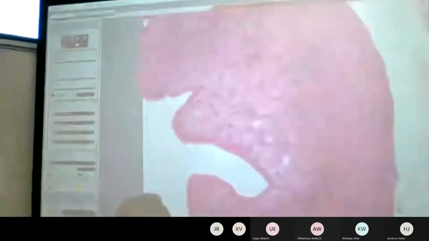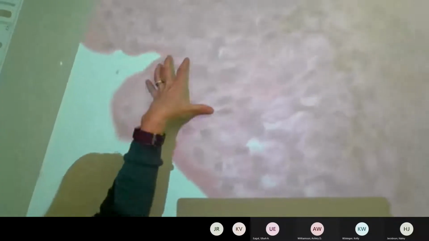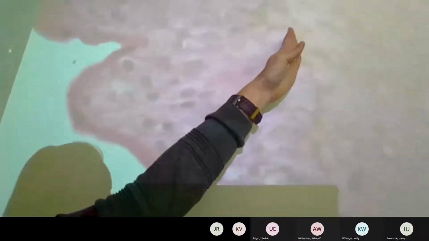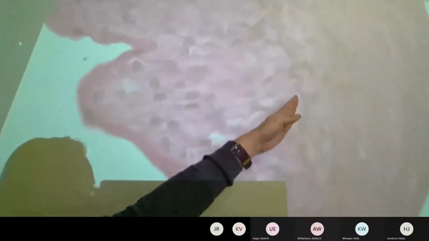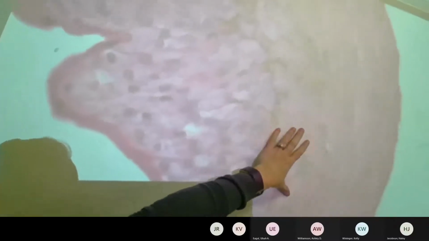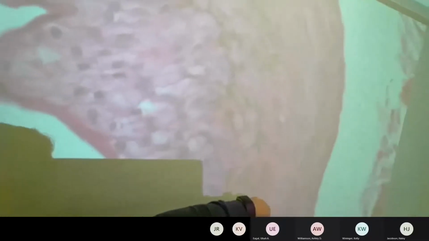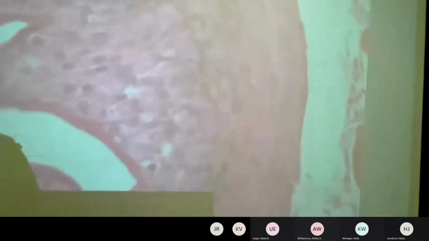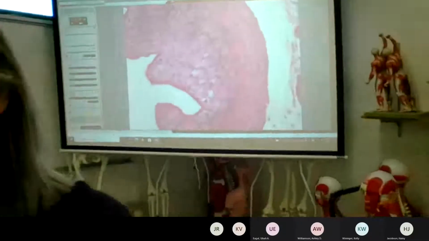This is under 40x magnification, showing that these cells are kind of poofy and they push in. You can see a nice division here where the transitional epithelium ends. There's some connective tissue, and then you can see smooth muscle here.